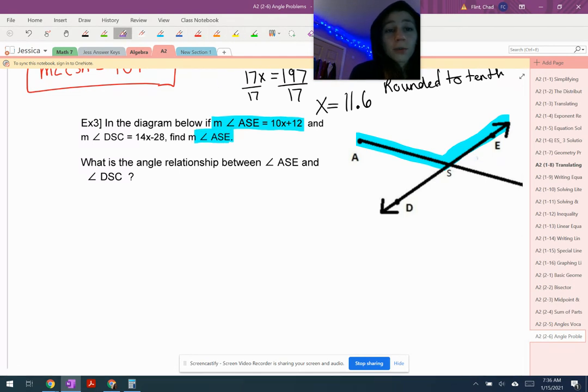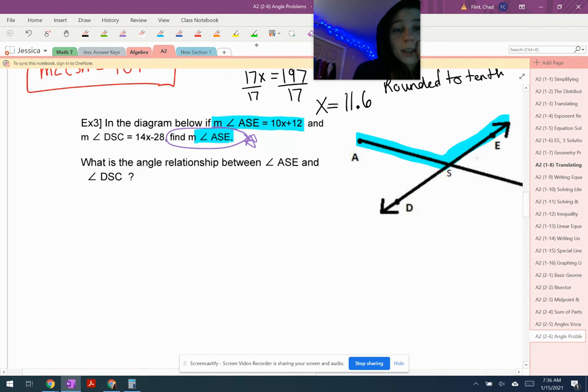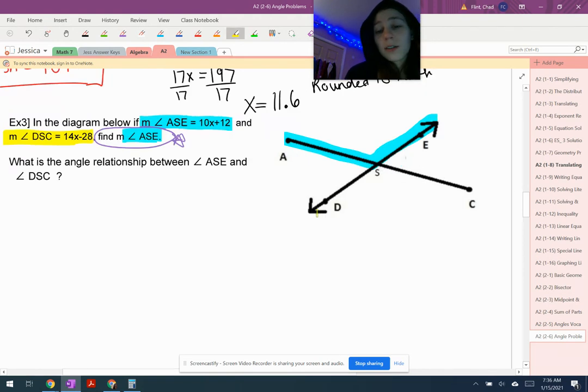That's what they actually want me to find. And then they're giving me, in yellow, the measure of DSC. So DSC would be this one.